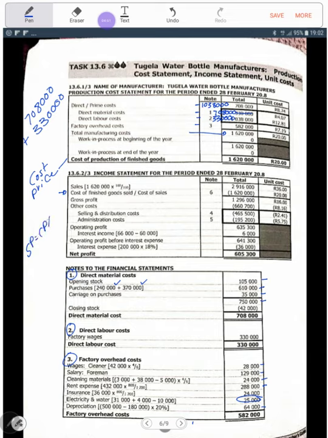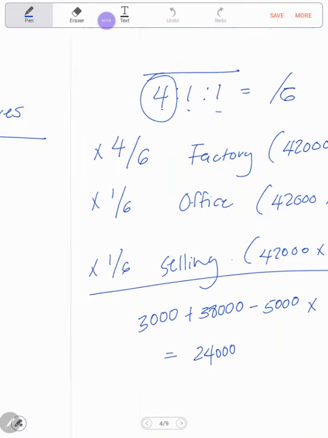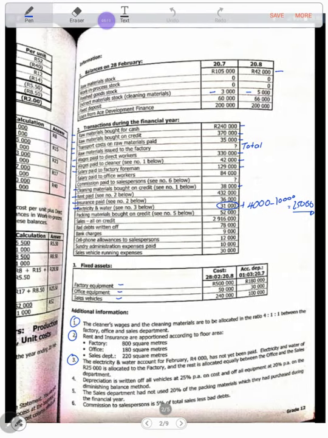Selling price equals cost price times 100 plus the markup over 100. Do you remember that formula? Selling price equals cost price times 100 plus the markup over 100. Did they give us the markup in this particular exercise?